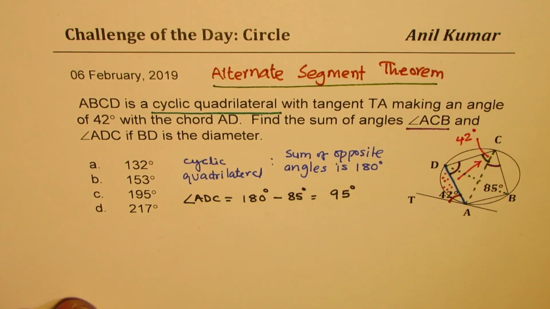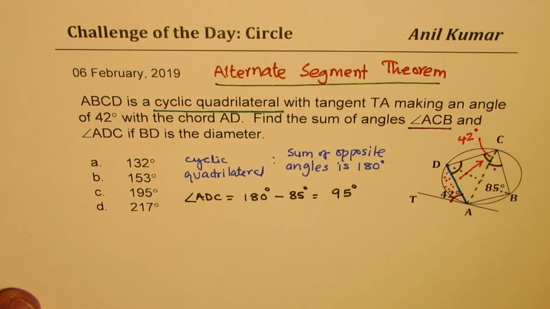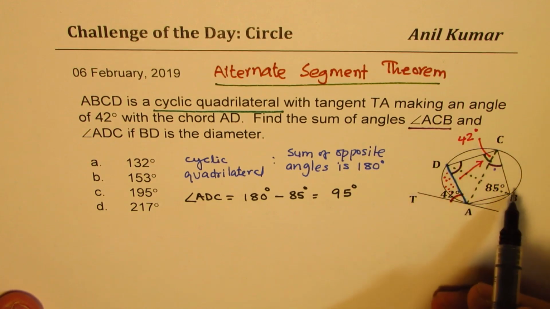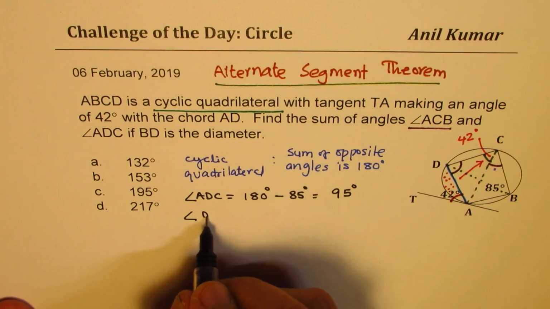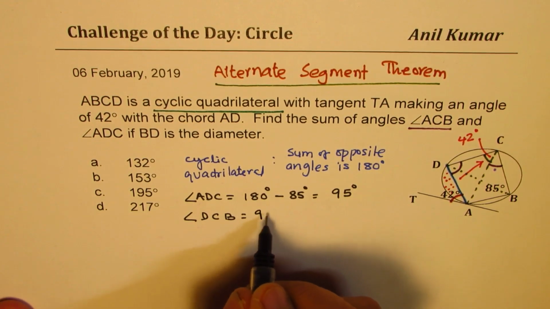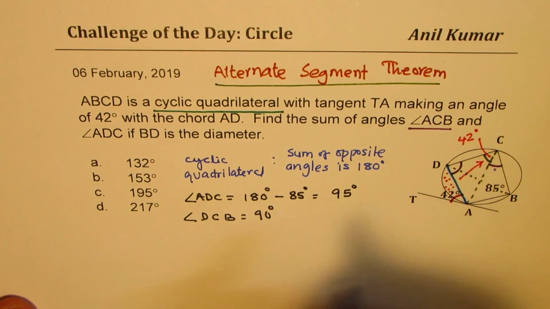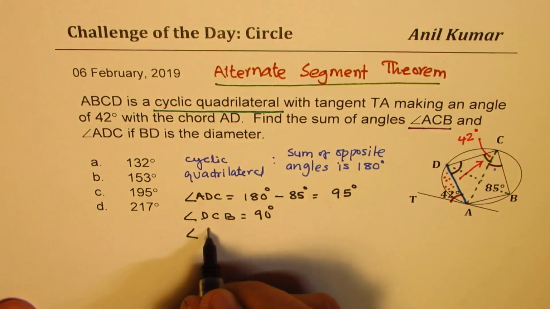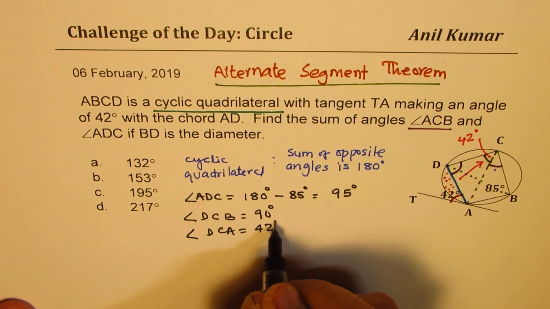In the question, we are interested in finding angle ACB, right? So what is ACB equal to? Now in any semicircle, the angle formed will be 90 degrees. So we know angle DCB should be equal to 90 degrees since it is in a semicircle. Now from the alternate segment theorem, we know angle DCA is equal to 42 degrees.